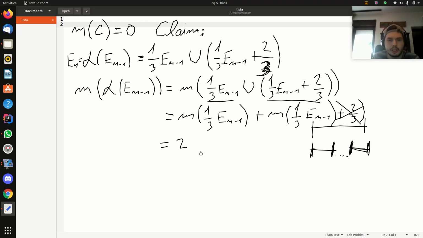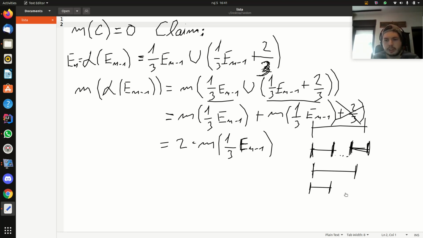So 2 times the measure of this. And this is just this set shrunk down by a third. So what happens when you shrink down a closed set by a third? Well, its measure just shrinks down to a third.